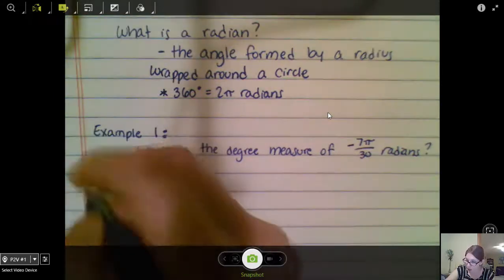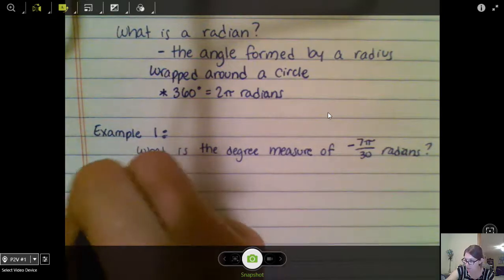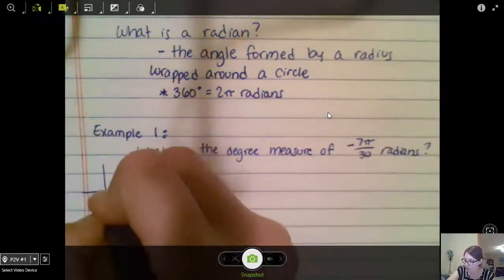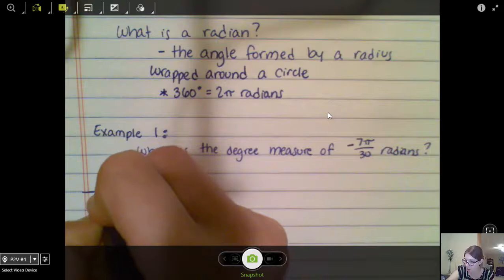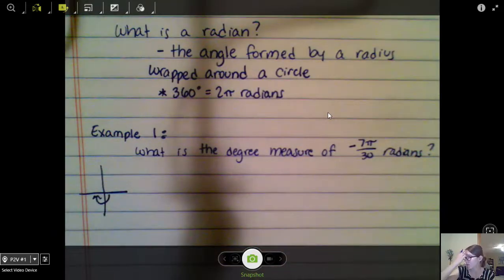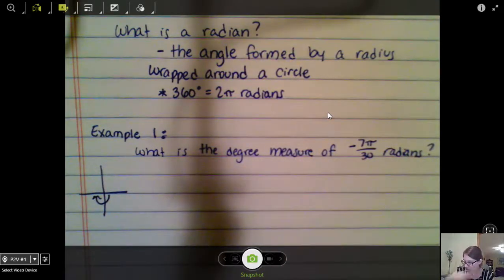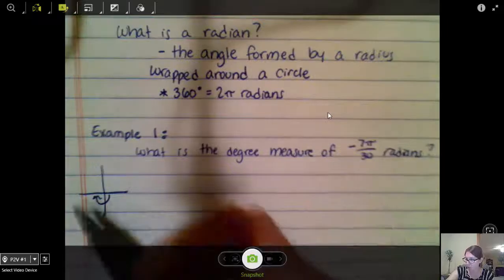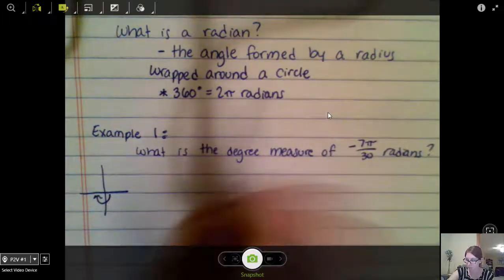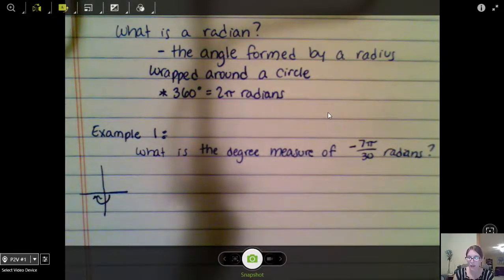And if you think about your coordinate plane, a negative angle means we're going to go clockwise around our circle. Negative 7 pi over 30 is a pretty small fraction, so we're not really going to go clockwise very far. Just to give you a little context of what we're talking about here.